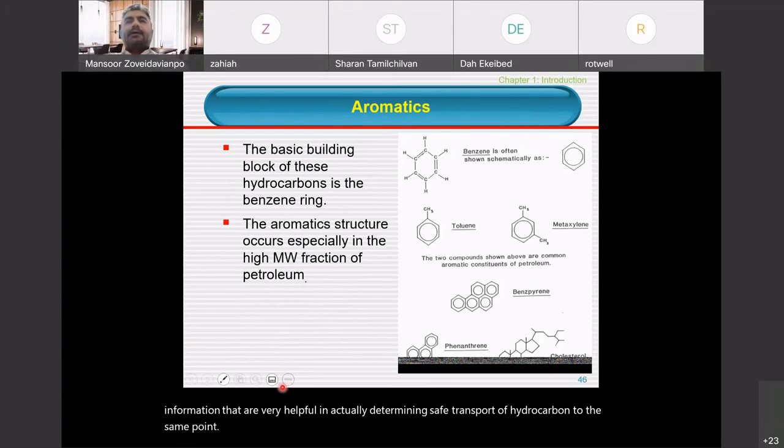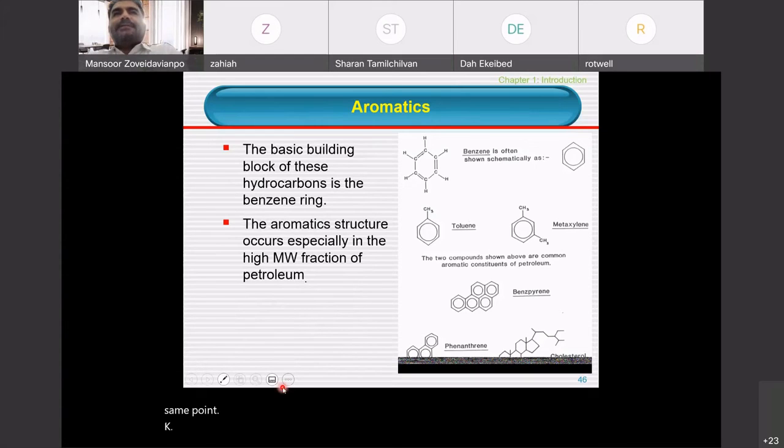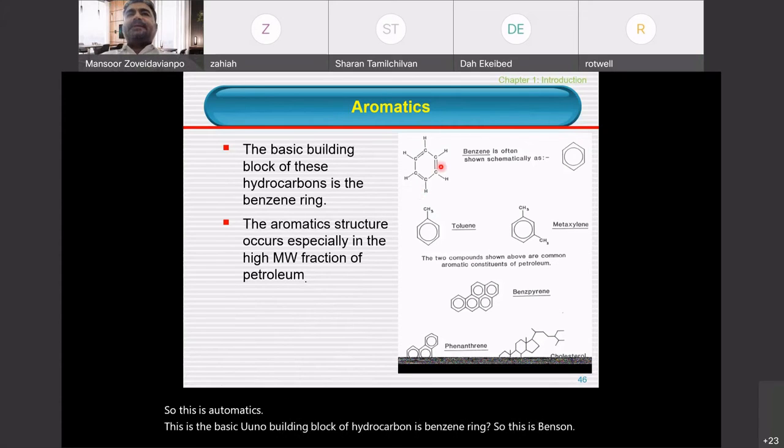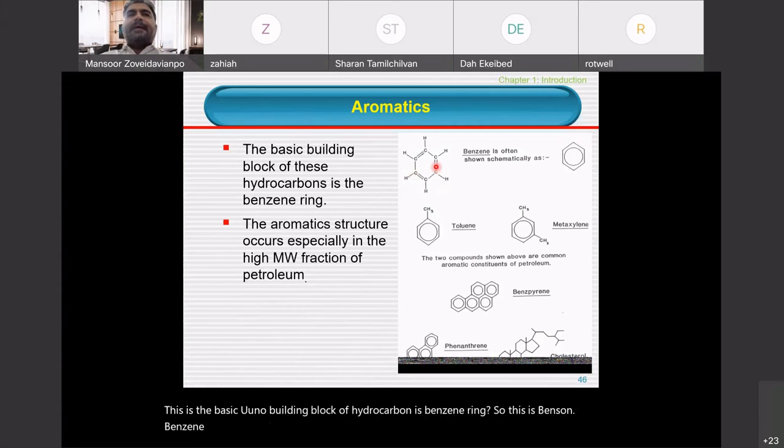Okay, so this is aromatics. The basic building block of these hydrocarbons is the benzene ring. The aromatic structure occurs especially in the high molecular weight fraction of petroleum.